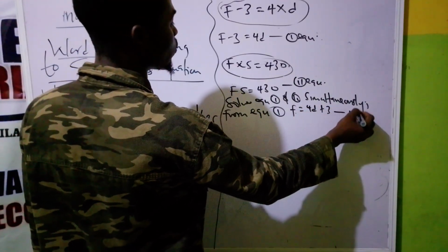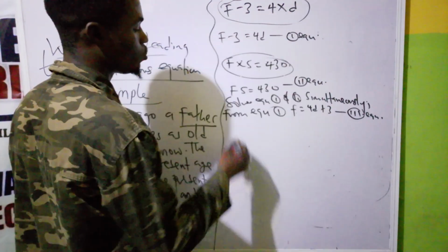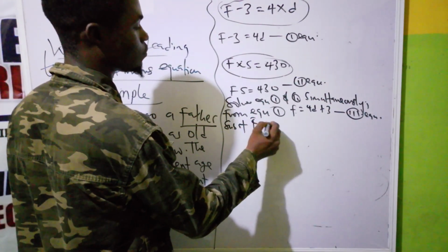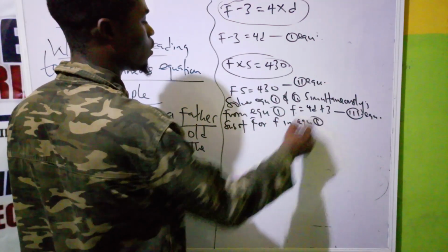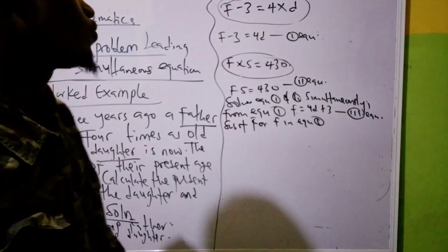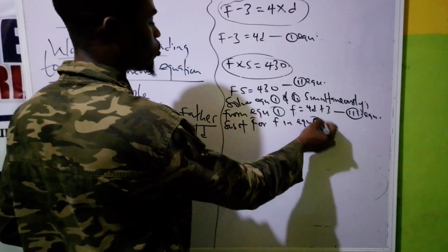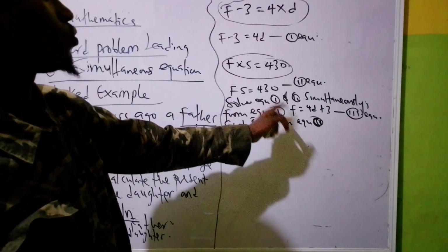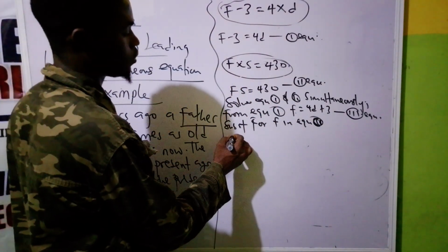We can make this equation 3. Now you substitute for F in equation 2. Anywhere you see F in equation 2, you put 4D plus 3.